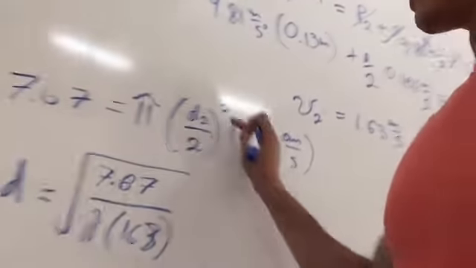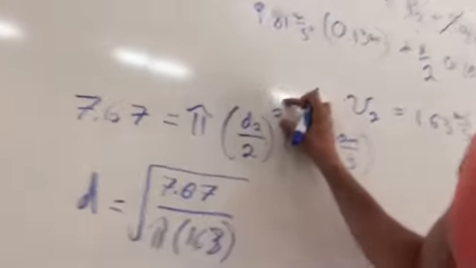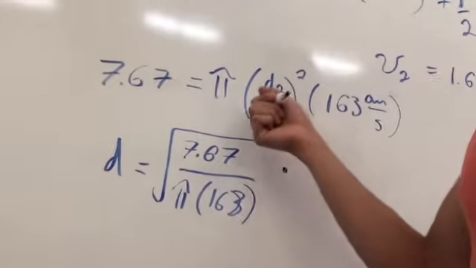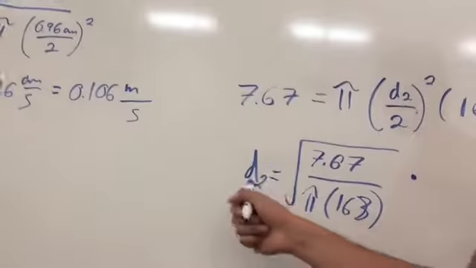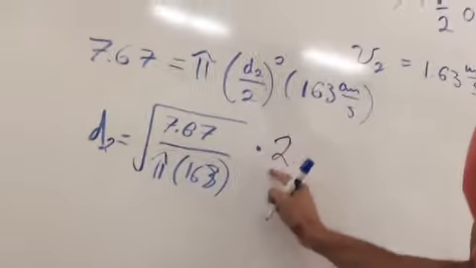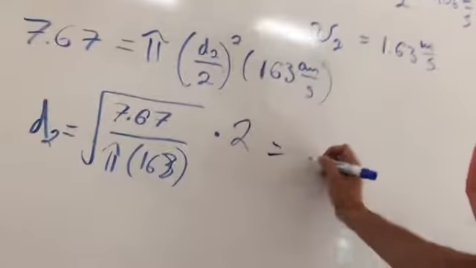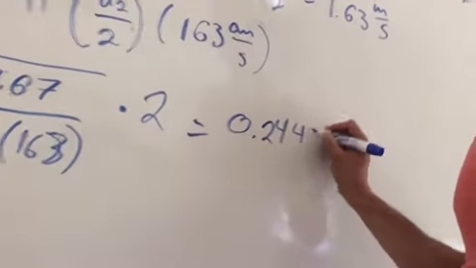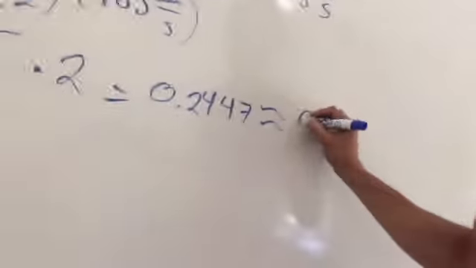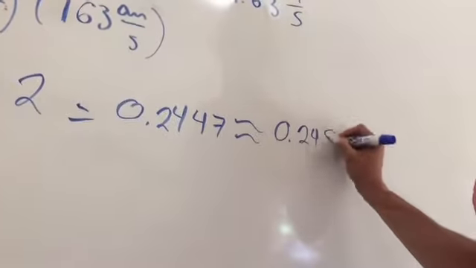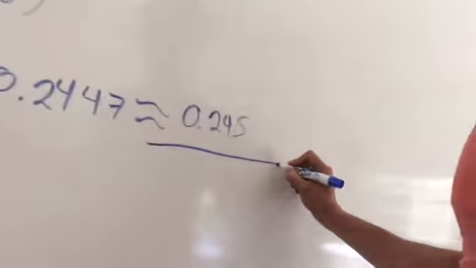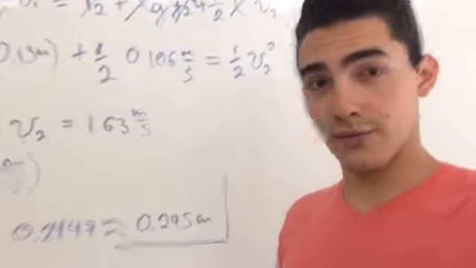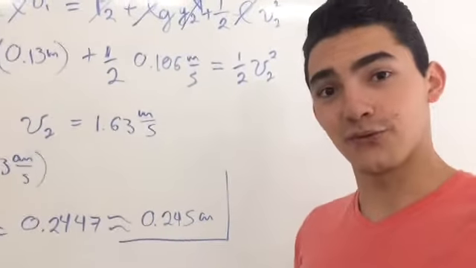And after taking this square to make a square root, we only take these two out to get our diameter 2. And so we multiply this by 2. And this will get as a result 0.2447, that is more or less the same as 0.245 centimeters. So this is how you solve a problem with Bernoulli's equation to find the diameter.